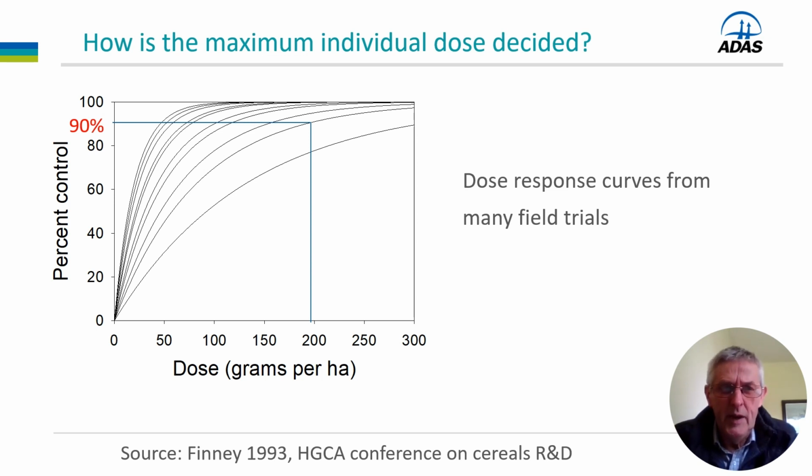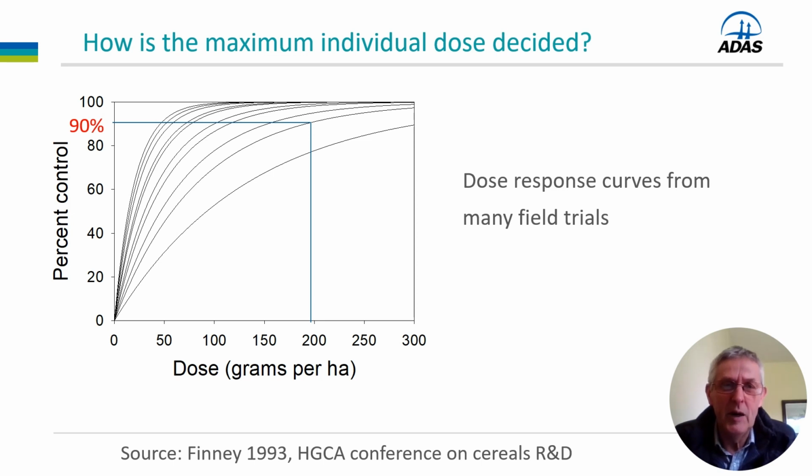What he then said was that if you want to achieve a certain target level of control, and in this hypothetical example, let's say we want to achieve 90%, and you want to be able to achieve that very repeatably across sites and seasons, then you need to set the labeled dose at a level which will deliver that level of efficacy in, say, 90% of cases.